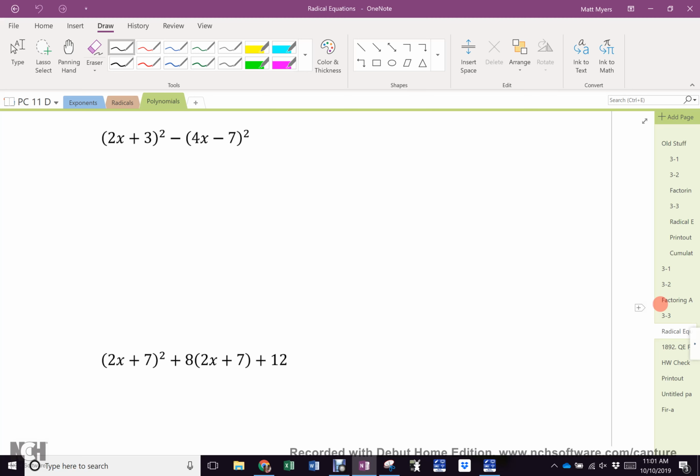It's not a test. And if I were you, I would expect factoring at about this level on your test. You're not going to see a lot of this.